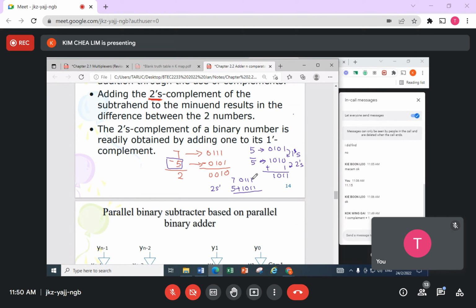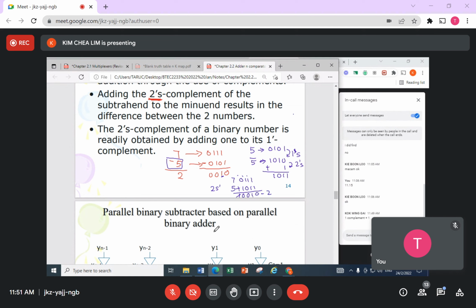Then you are going to find that addition: 1 plus 1 gives me a 0 with a carry. 1 plus 1 plus the carry, 3 ones, so I get a 1 with a carry. 1 plus 1, 0 carry. 0 carry. So this one here you discard because we are talking about 4 bits. Here you got a 5-bit array, so whatever extra here, you just forget about it. 4 bits only. So you find that the result here is also the same as this one, 2.